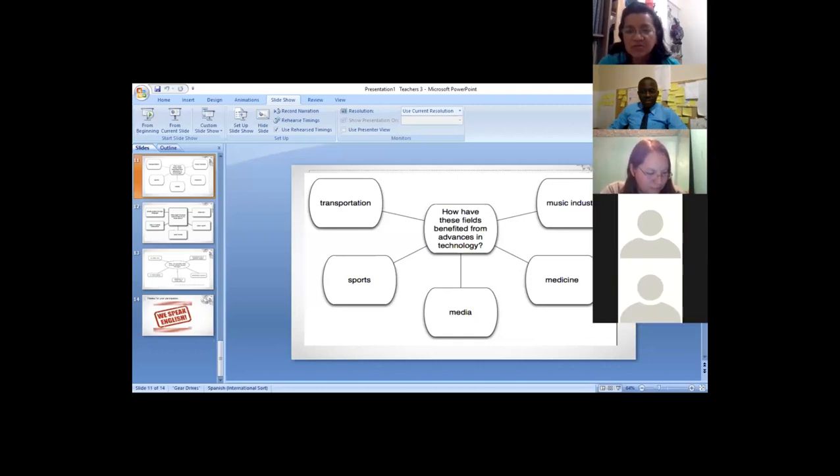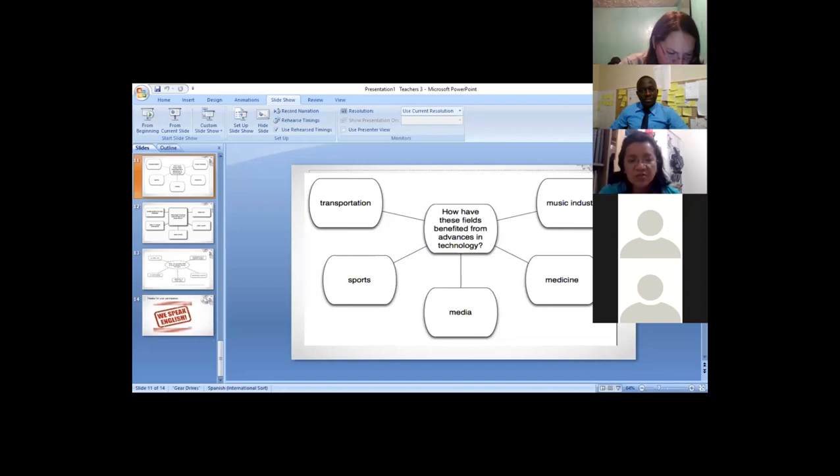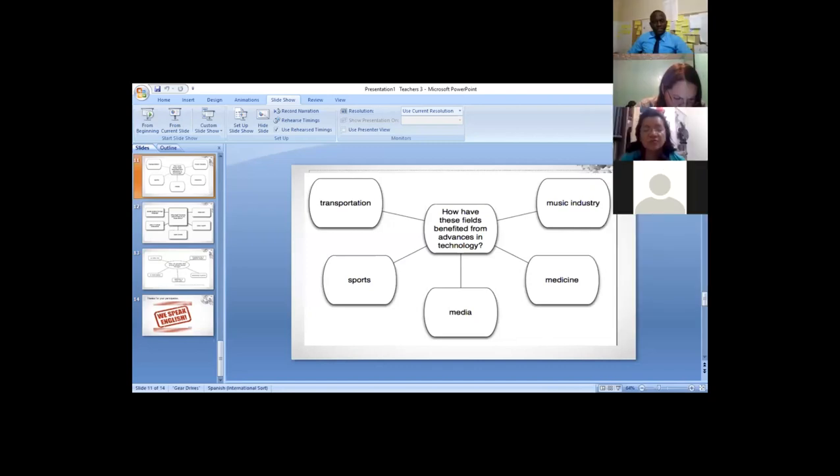I would like to say about transportation. We see through history how man first discovered the cycle that is called the tire. It was from the beginning for the transportation of the human being.